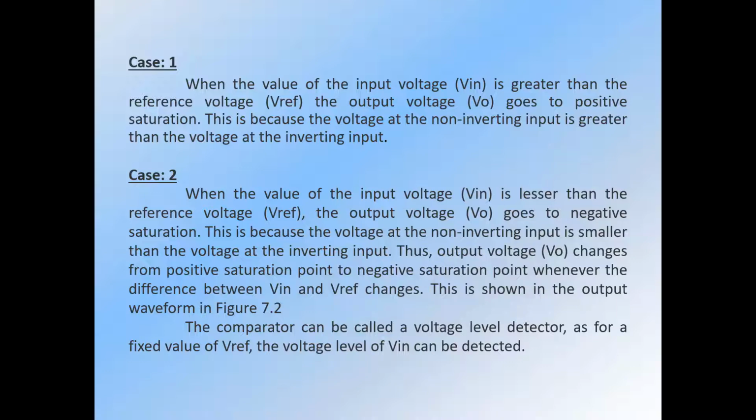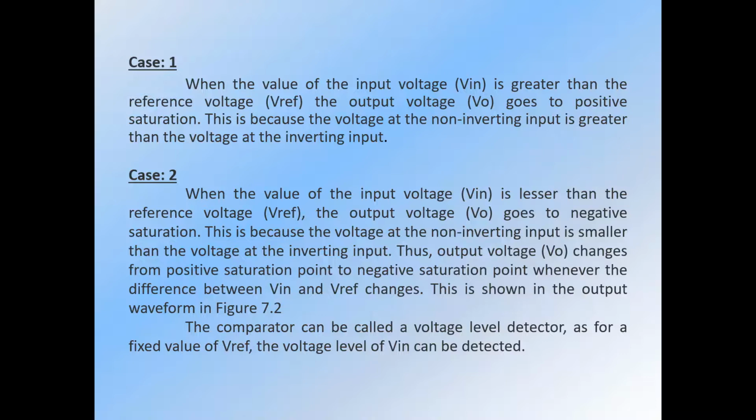When the value of input voltage is lesser than the reference voltage, the output voltage goes to negative saturation. This is because the voltage at the non-inverting input is smaller than the voltage at the inverting input. Thus, output voltage changes from positive saturation to negative saturation whenever the difference between Vin and V reference changes.